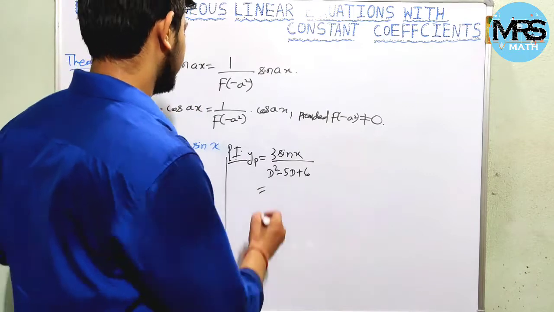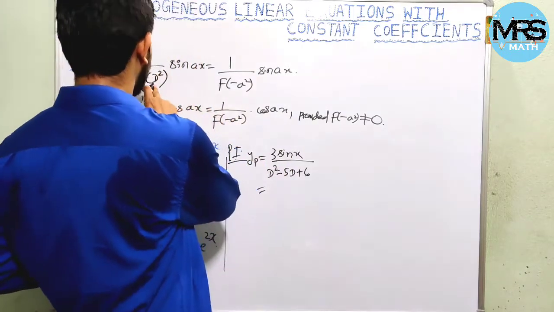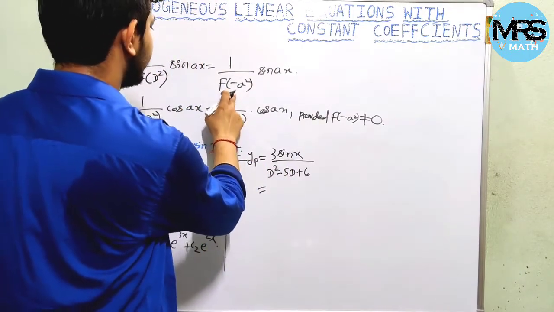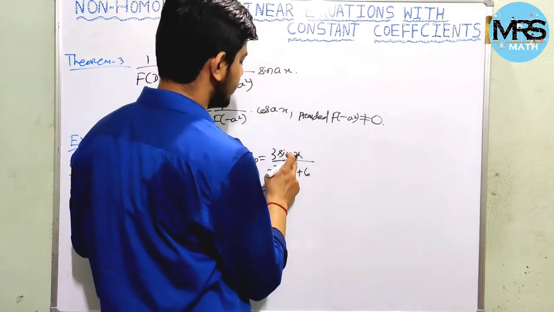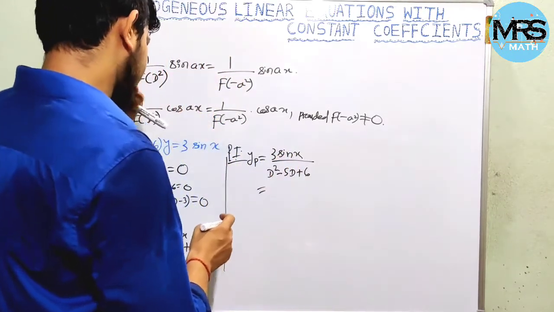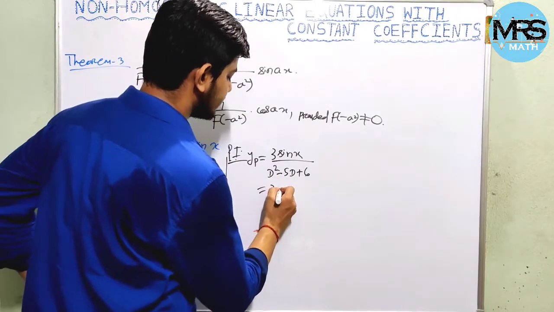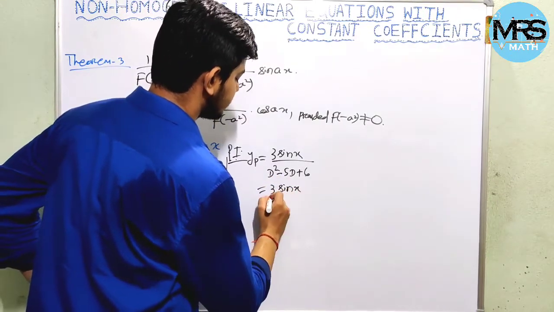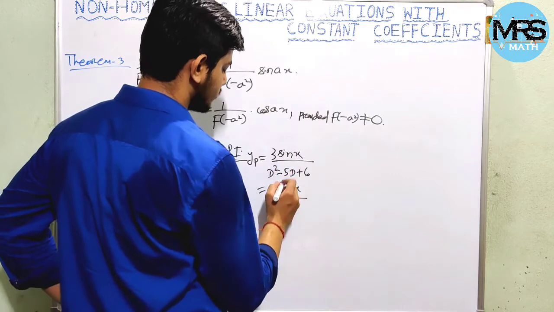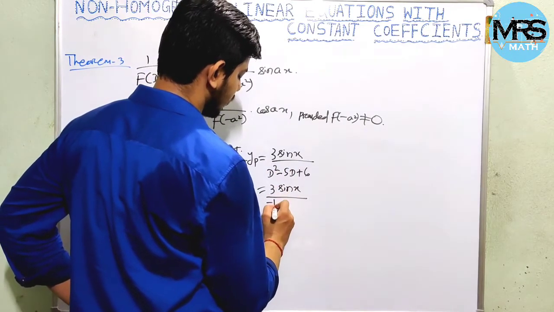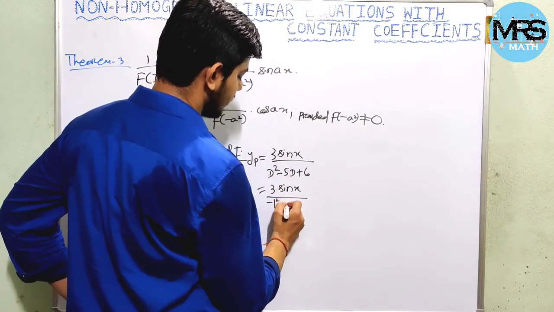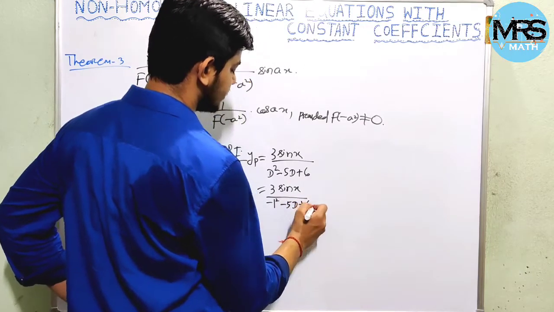Obviously, since D square is there, we have to do f of minus a square. So what is a here? That is 1 here, sin 1 into x, right? So we get 3 sin x by minus 1 square minus 5D plus 6, right?